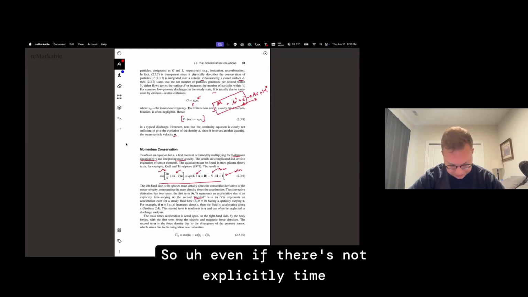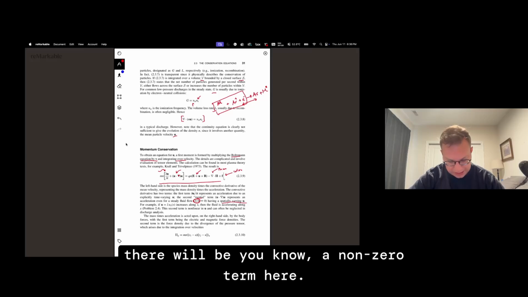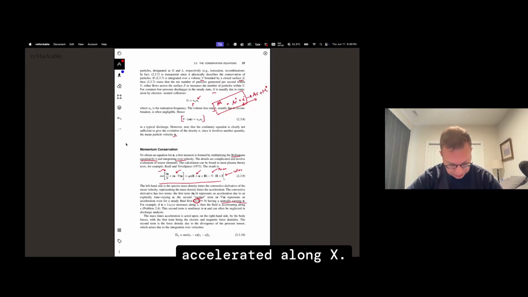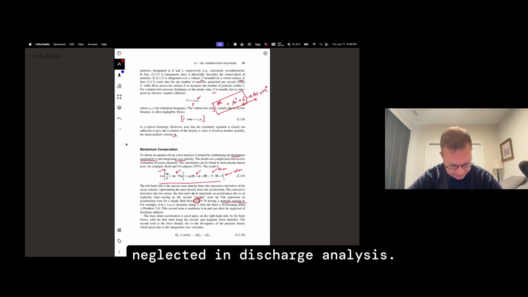So even if there's not explicitly a time rate of change, if there's a spatial variation in u, there will be a non-zero term here. So, for example, if u increases along x, then the fluid is accelerated along x. Okay, makes sense. The second term is nonlinear in u and can often be neglected in discharge analysis.